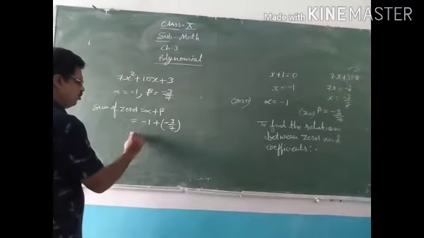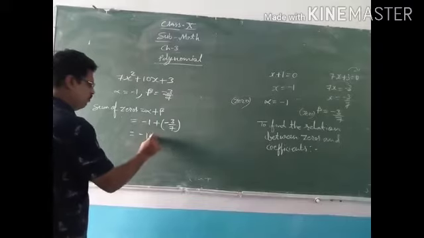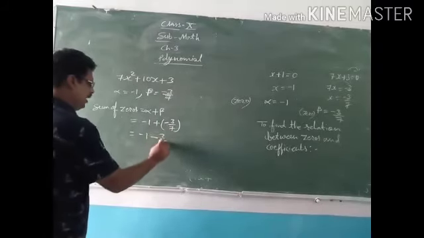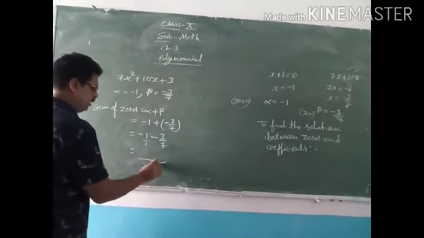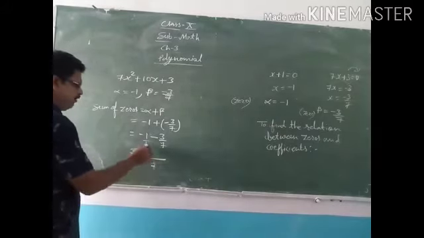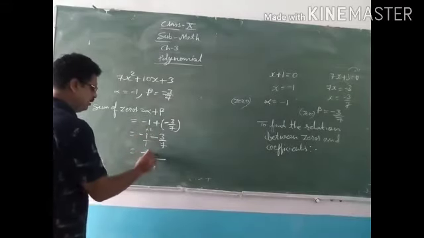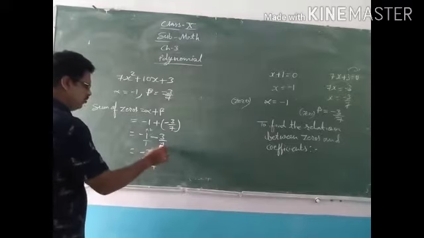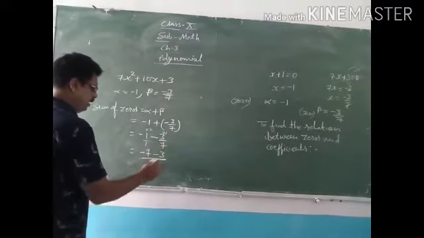So minus 1 plus minus 3 upon 7. Minus 1 means minus 1 upon 1, so you can take the LCM, which will be 7. 7 divided by 1 is 7, so 1 times 7 is 7; 7 divided by 7 is 1, so 1 times 3 is 3.